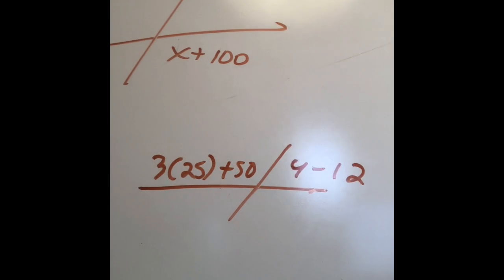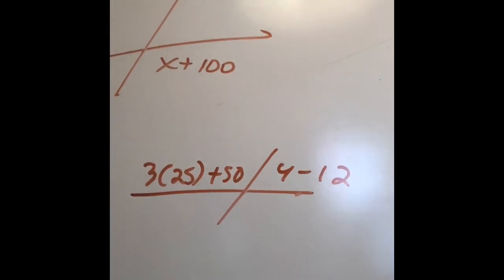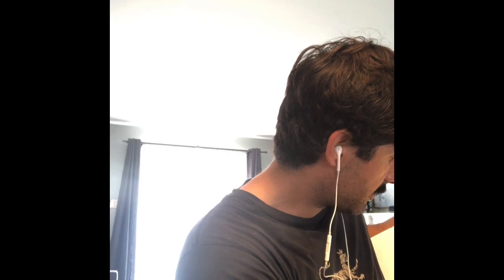So there's the breakdown of what's up top in that straight line. 3 times 25 plus 50 does not equal y minus 12. 3 times 25 plus 50 plus y minus 12, that's a straight line, equals 180. That's what I meant to say.